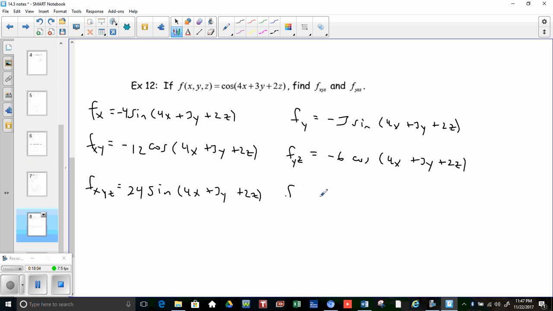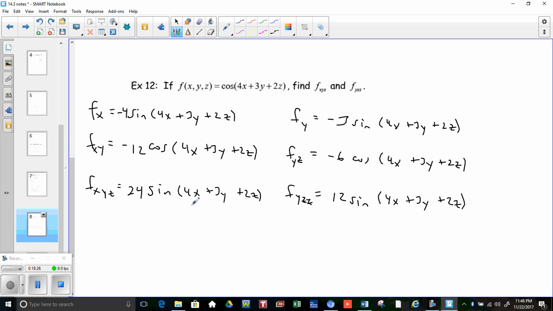And then the last one, f of y, z, z, just means I'm doing z again. So with respect to z again is going to be multiplied by another 2, and it's going to become a positive sign. So it should be positive 12 sine 4x plus 3y plus 2z.